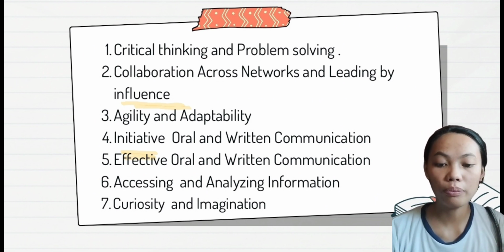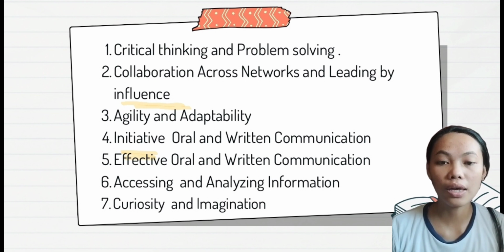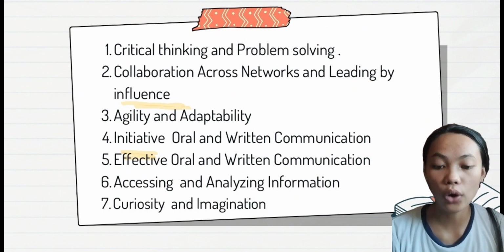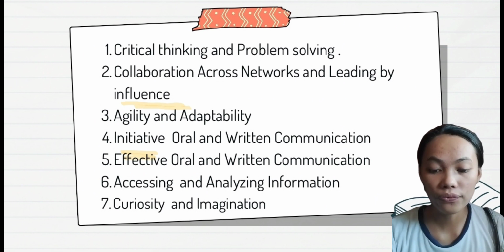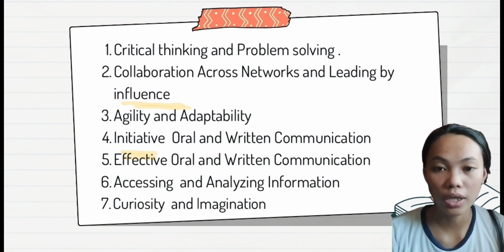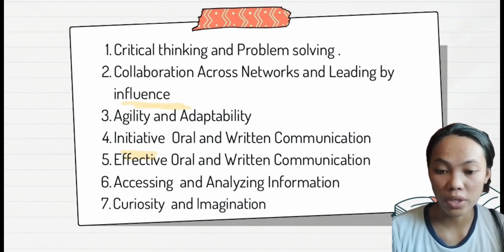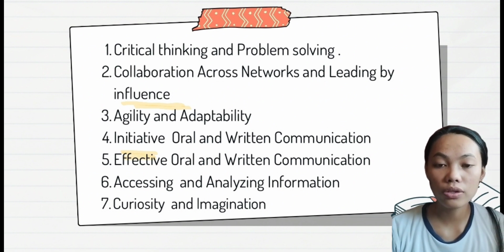The second is collaboration across networks and leading by influence. The third is agility and adaptability. The fourth is initiative and entrepreneurialism. The fifth is effective oral and written communication. The sixth is accessing and analyzing information. The last is curiosity and imagination.